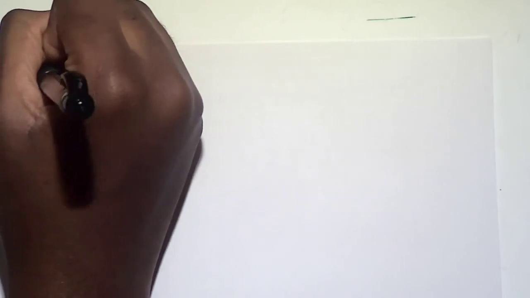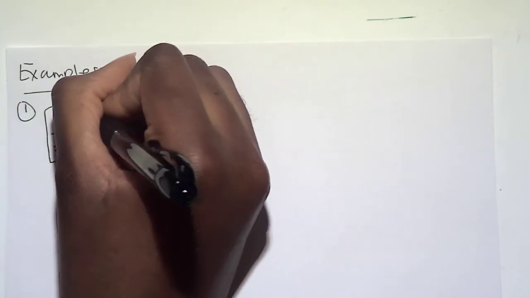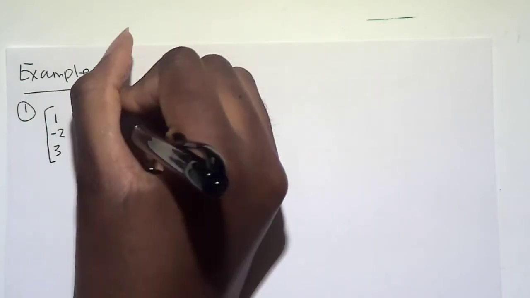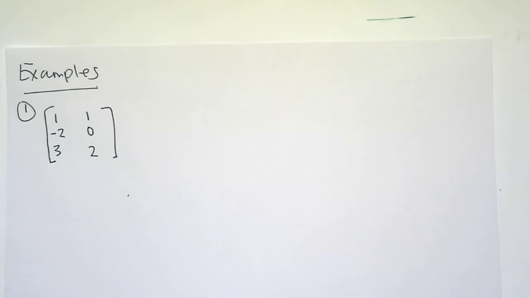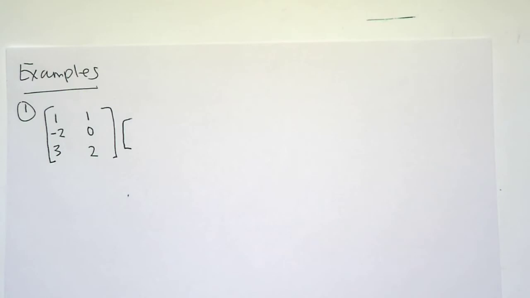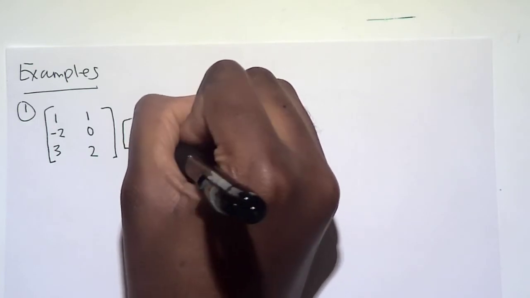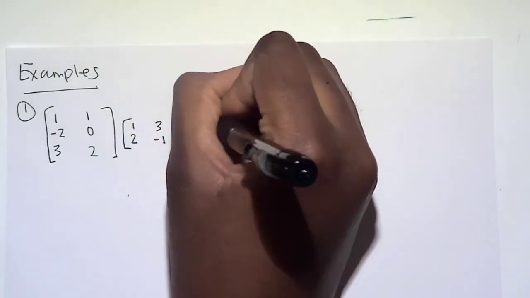Let's do some concrete examples. First example, let's multiply this matrix. Down the columns I've got 1, -2, 3, and 1, 0, 2. Second matrix, down the columns, I've got 1, 2, 3, -1, 0, 1.